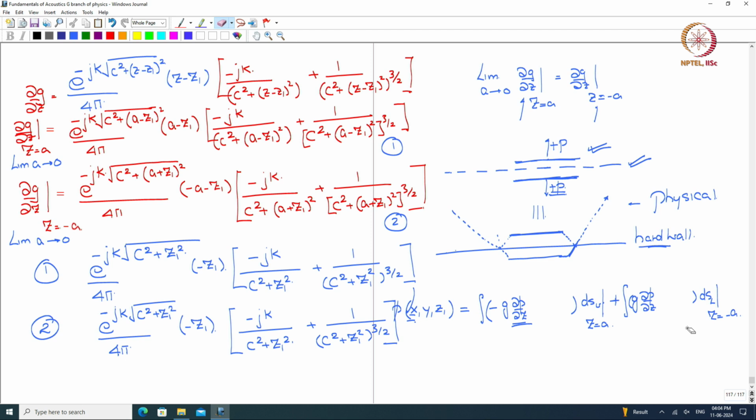So what I am left with is just this here: integral minus G del P by del Z at Z equal to A ds upper, plus integral G del P by del Z at Z equal to minus A dsL lower.